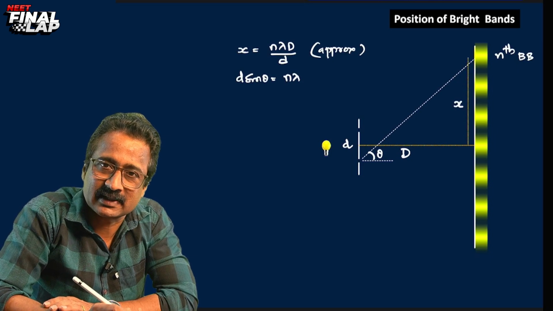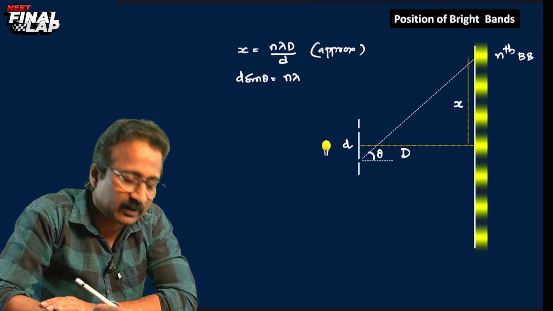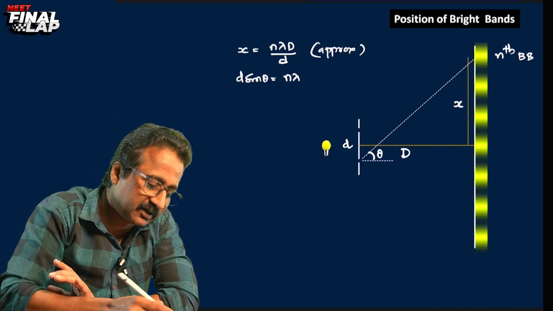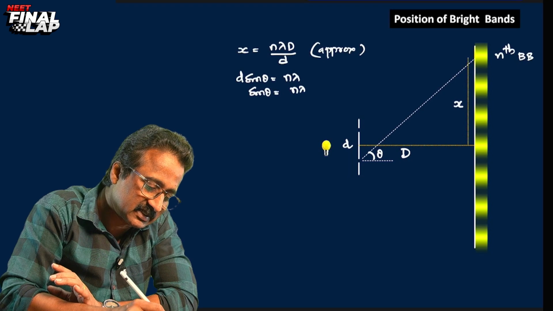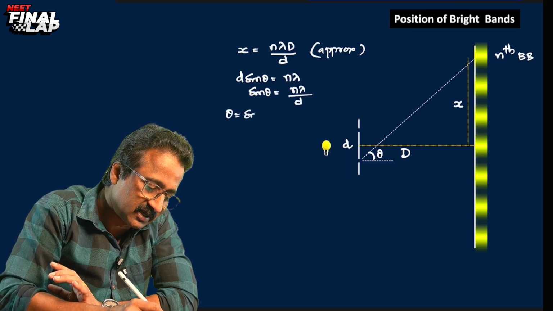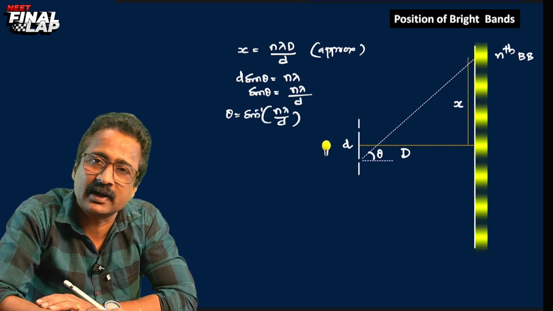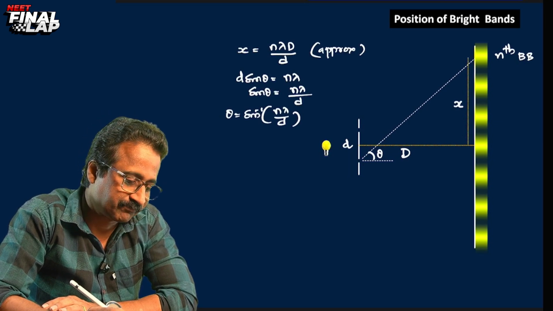This will tell you exactly where the nth bright band is, without any error. Rearranging, sin theta is equal to n lambda by d, or theta equals sine inverse of n lambda divided by d. So this can be used to find the angular position of the nth bright band.